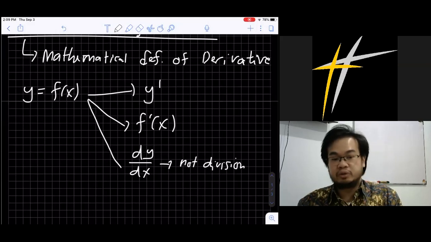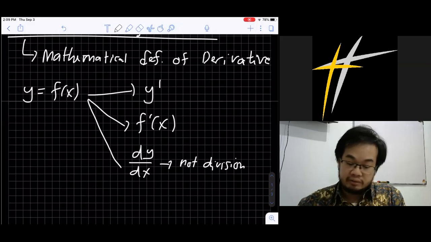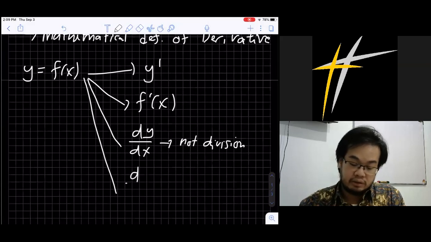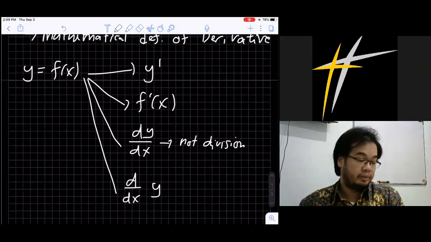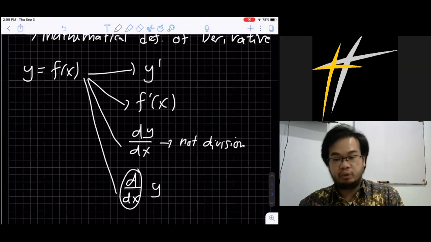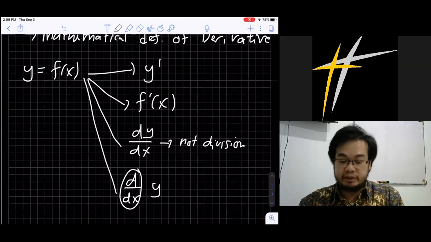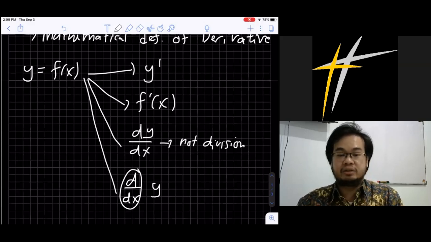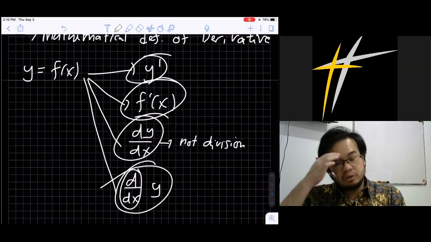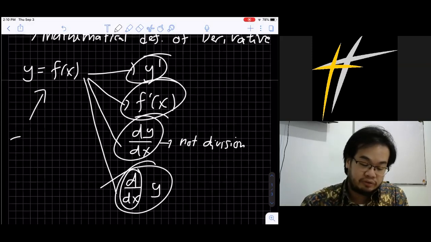So it's pronounced dy dx. Or the last one, it also can be written as d/dx of y. Okay. So this is an operation. It's like an operation, like sine of y or cosine of y or e to the power of y. So it's an operation, d/dx of y. So all of these terminologies are used to denote the derivative of a function.